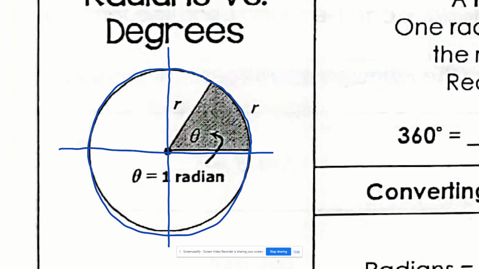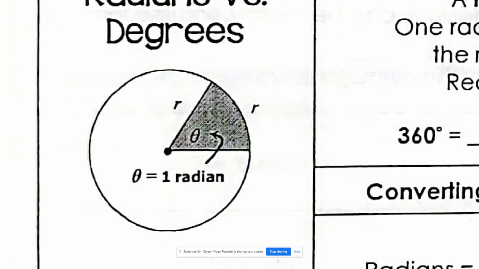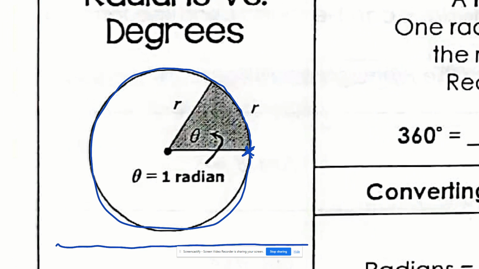Now, listen. What if I took some scissors and I cut it right here? And then I took this line that goes all the way around and I straightened it up and I got a ruler and I measured it. Is that 360 degrees? No, 360 degrees is the degree measure around that circle.